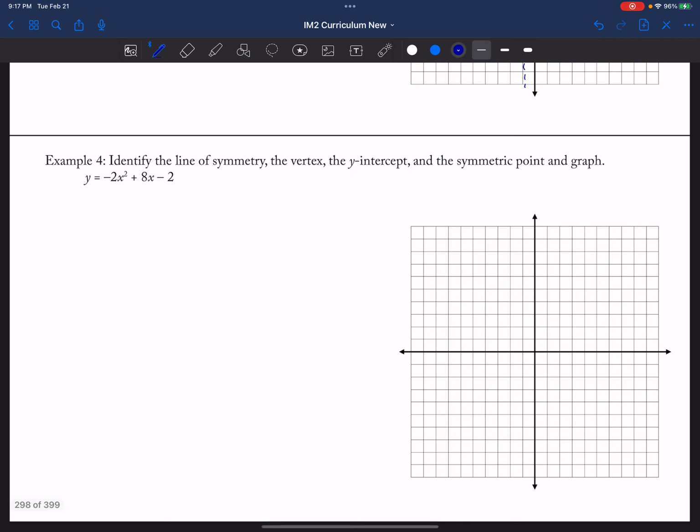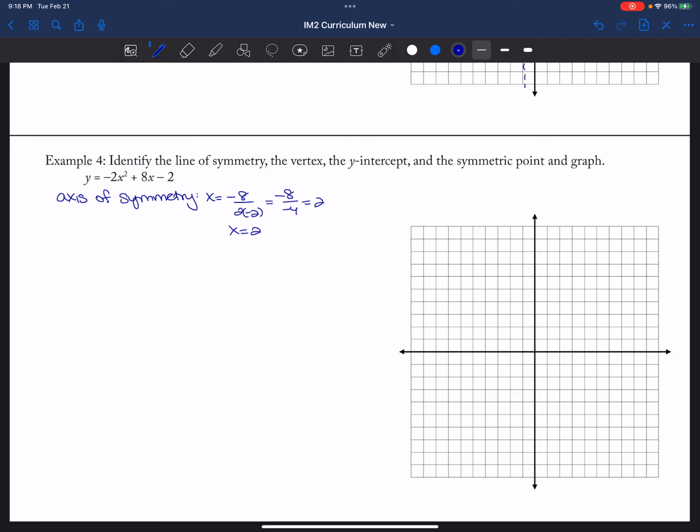Okay, I can do another one. In this case, I have a coefficient in front of my x squared term. So my axis of symmetry is x is equal to negative b over 2a. So negative 8 over negative 4, which is a positive 2.